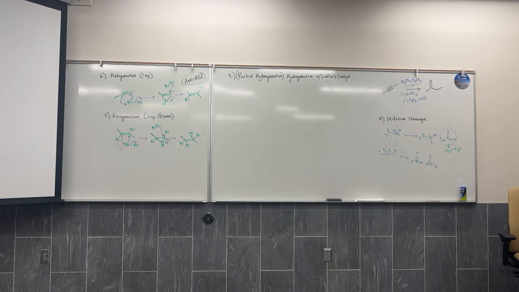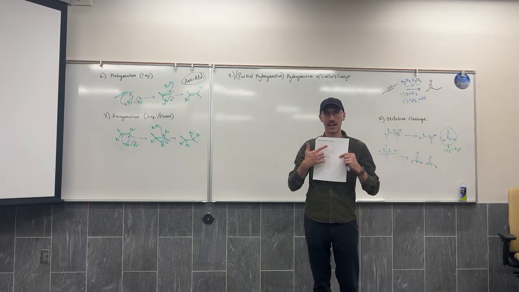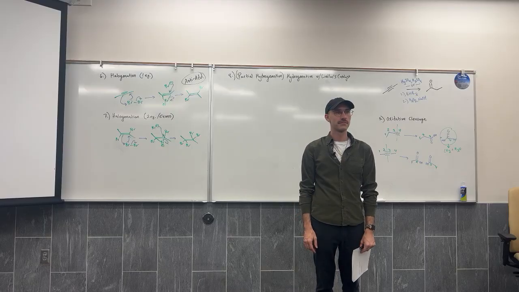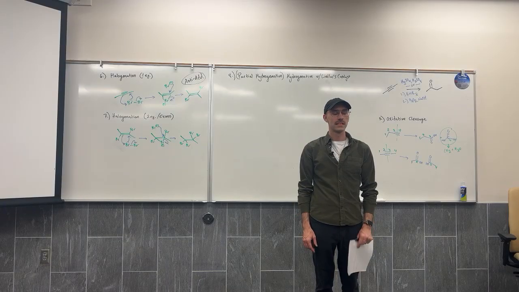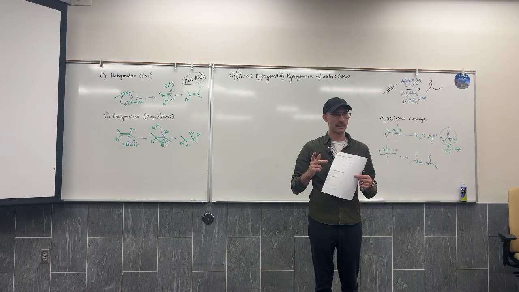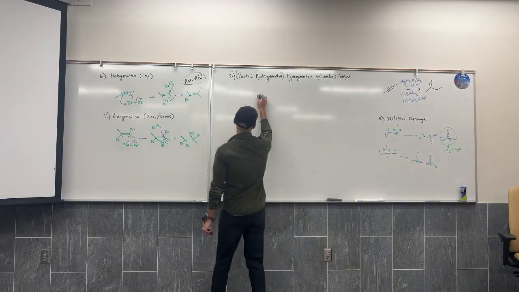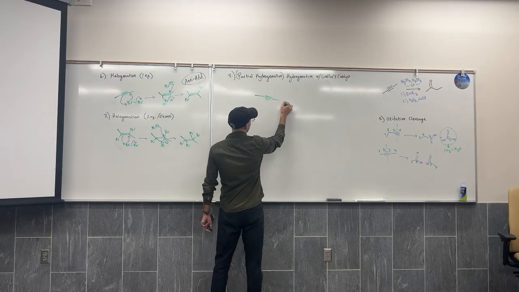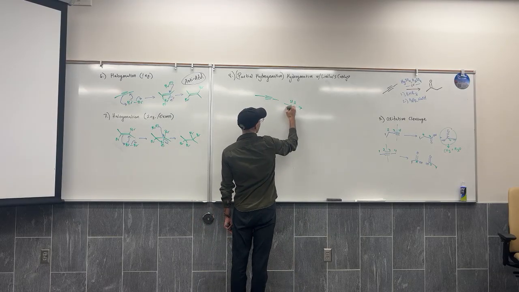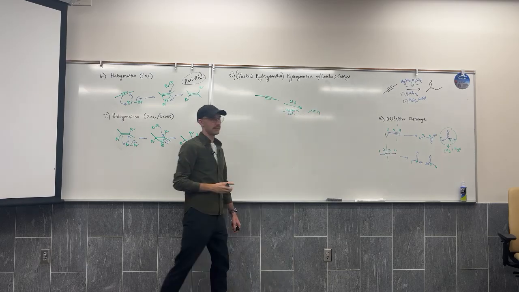Lindlar's, oh, I messed up. The reagents are swapped. The sodium and ammonia and the H2 with Lindlar's catalyst are in the wrong spots. So I'm going to draw what the correction should look like. Right now we're pointing down, and that should be H2 with Lindlar's catalyst to form the cis alkene, not the sodium and the ammonia.